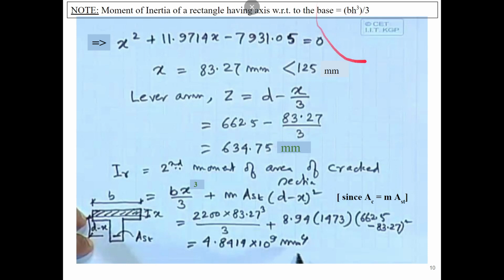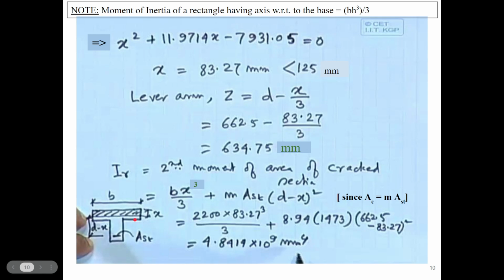Using the parallel axis theorem, which you must have done in the mechanics course, it comes out to be b h cube by 3 in the case of a rectangle. So here it is b x cube by 3. And this is the part for the steel, where m Ast is the equivalent of concrete in terms of steel, and d minus x whole square is this distance.